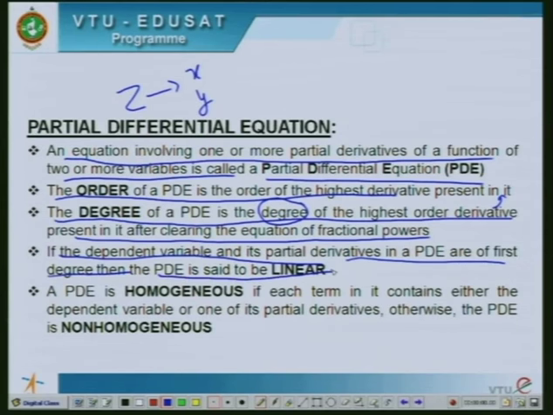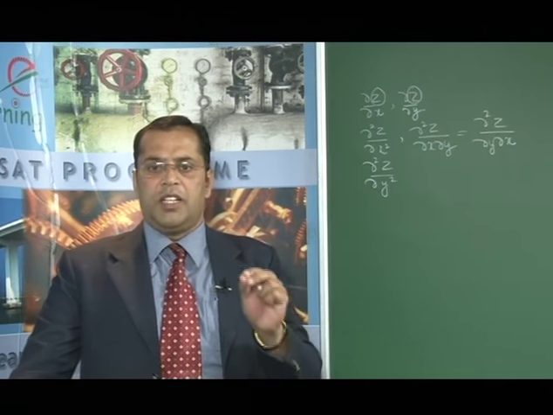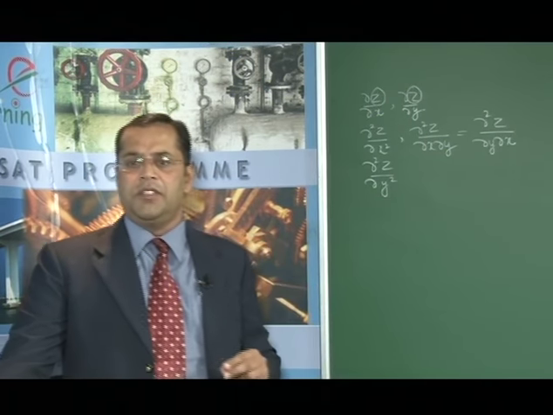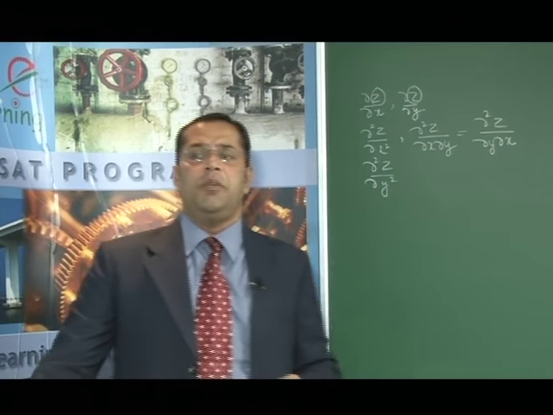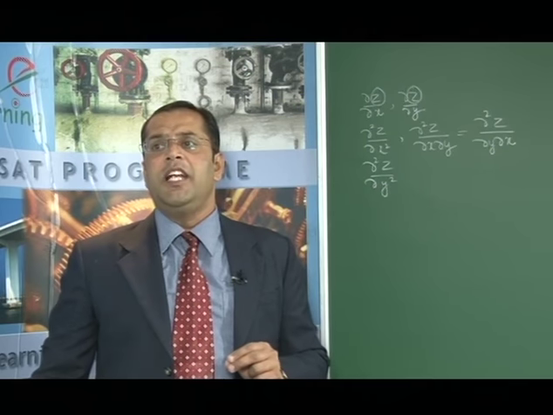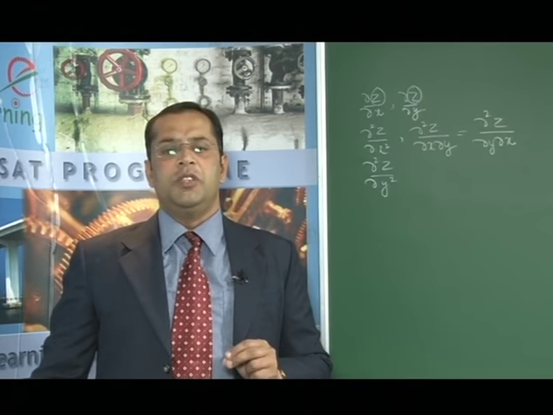Then a PDE is called homogeneous if each term in it contains either the dependent variable, that is z, or one of its partial derivatives. So, exclusively it should contain either the dependent variable or one of its partial derivatives. Such equations are said to be homogeneous partial differential equations. Otherwise, the PDE is said to be non-homogeneous.